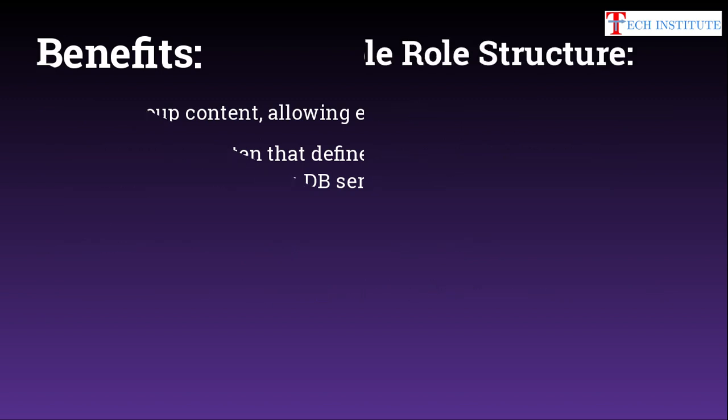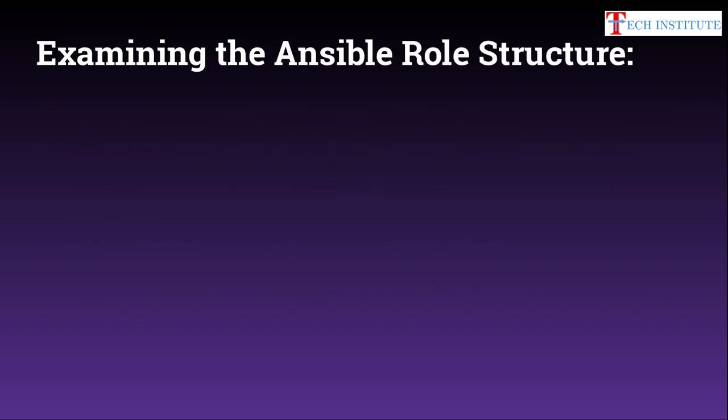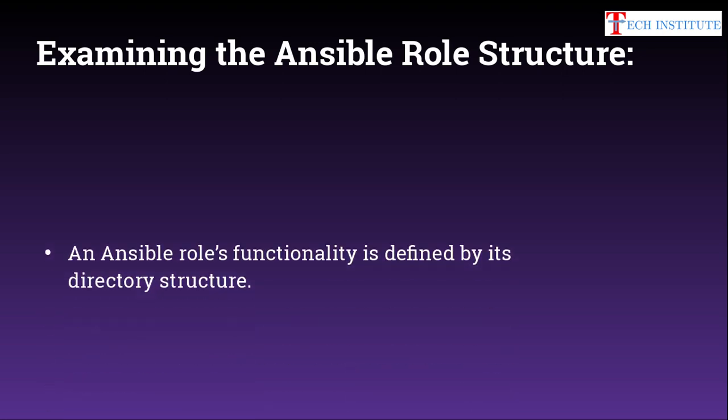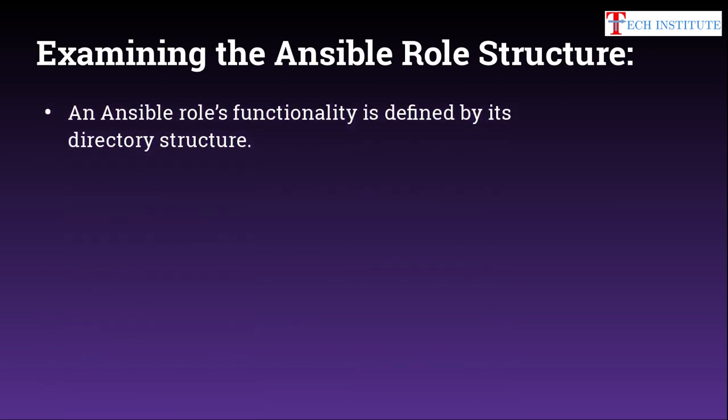Now moving ahead, we'll see the role structure: when you are creating a role, what the folder and file structure should be. First, an Ansible role's functionality is defined by its directory structure, so you need to understand that. Tasks should be in a different directory, handlers in a different directory, variables in a different directory.